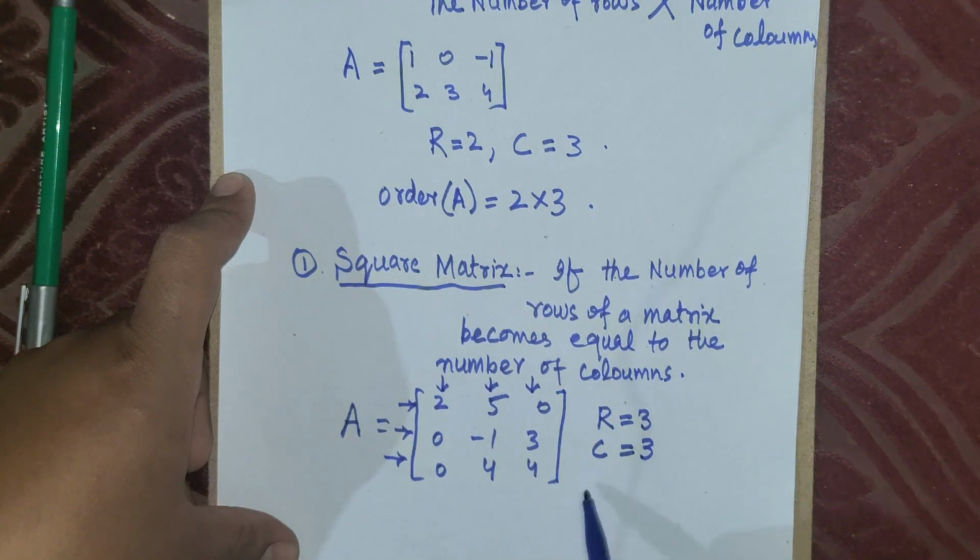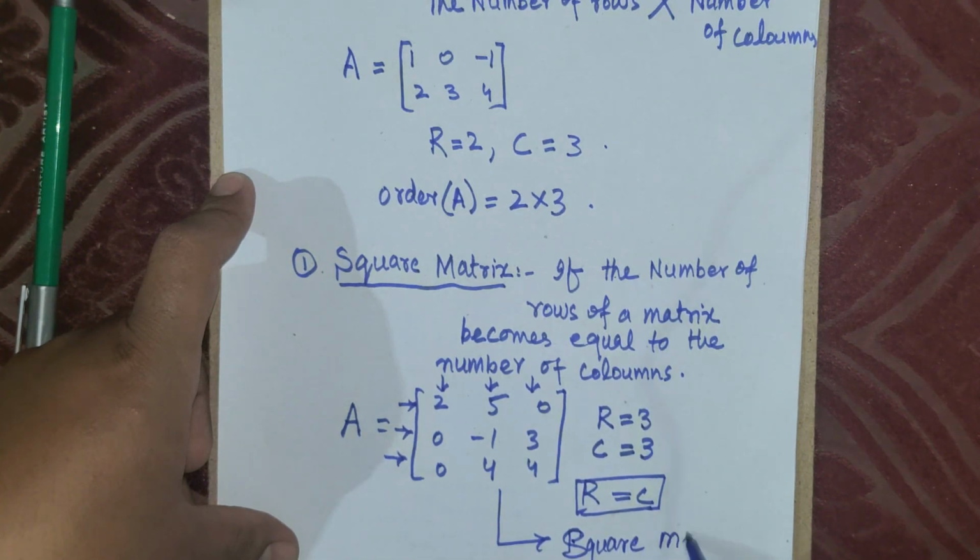So rows and columns are equal, as both are 3, 3. So this matrix will be called a square matrix.